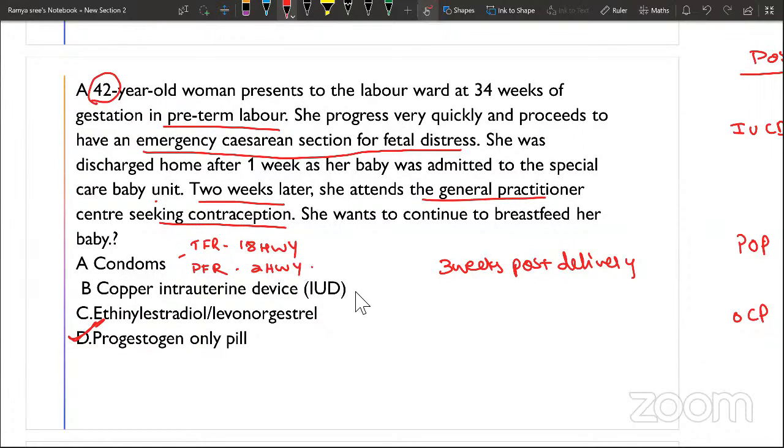Copper IUCD, the failure rate is typical 0.8, perfect use 0.2. OCP, perfect use 0.1. POP, perfect use 0.3.